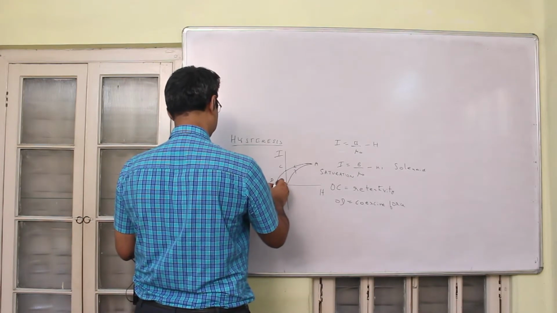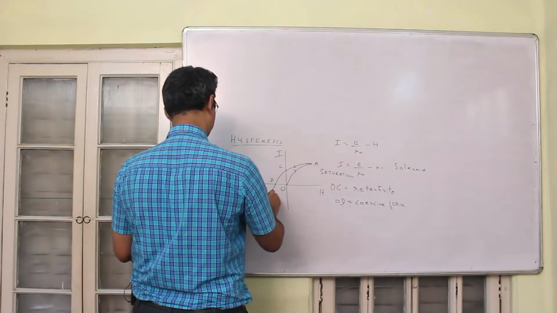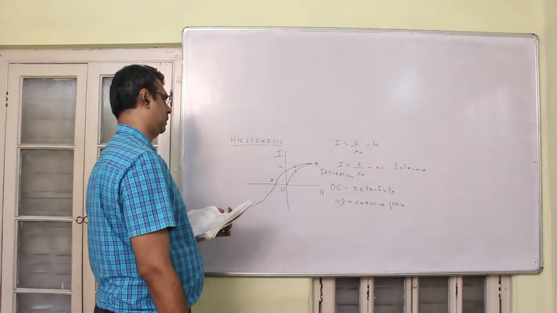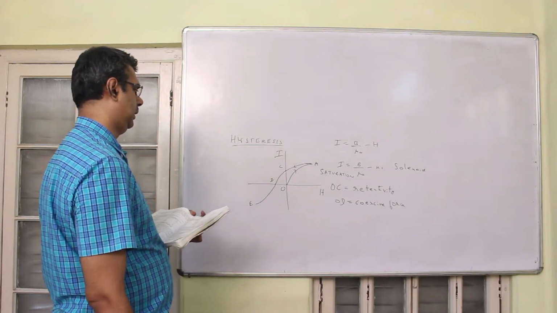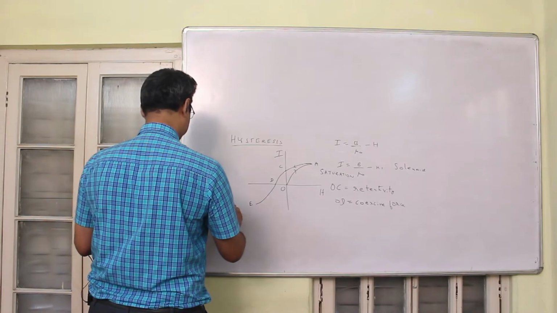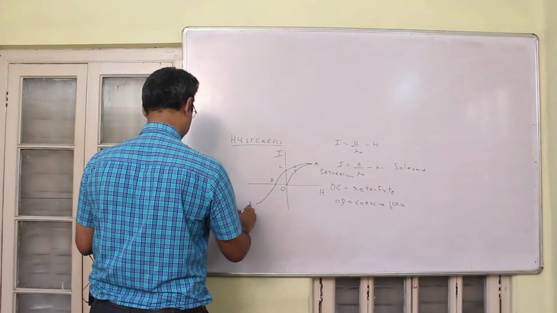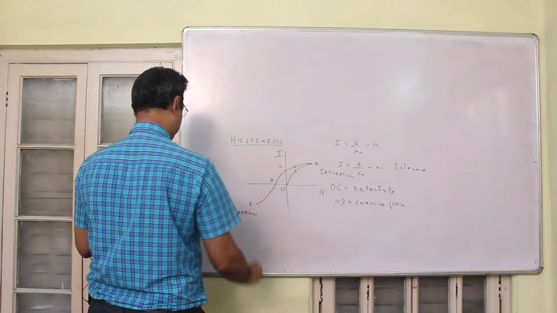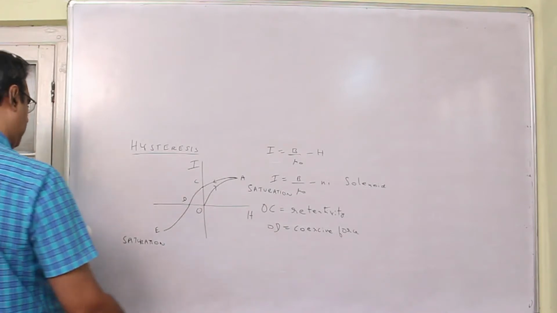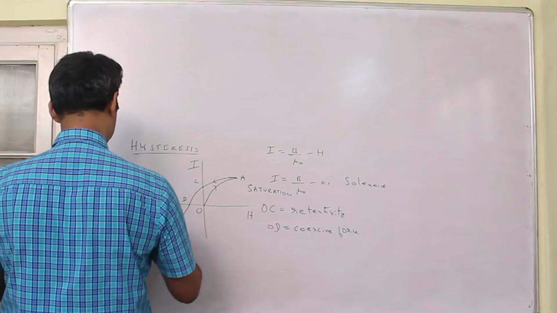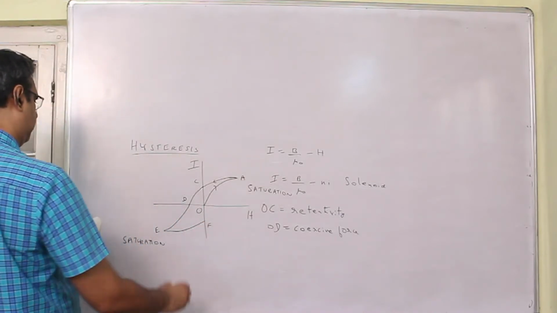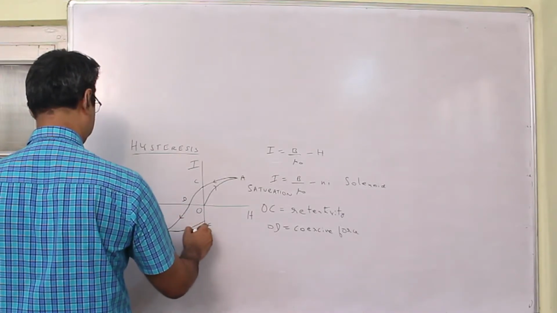Now you continue the graph and keep increasing the reverse current till the dipoles again achieve saturation. So that point is E. At the point E, again the dipoles achieve saturation. Then again you decrease the current to 0. So the graph will follow the path EF.